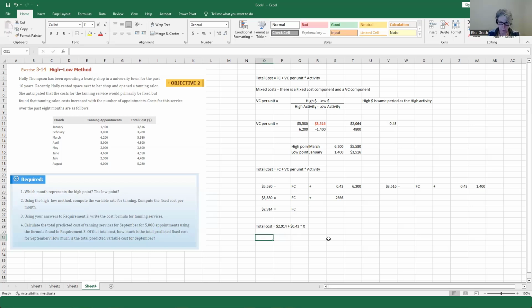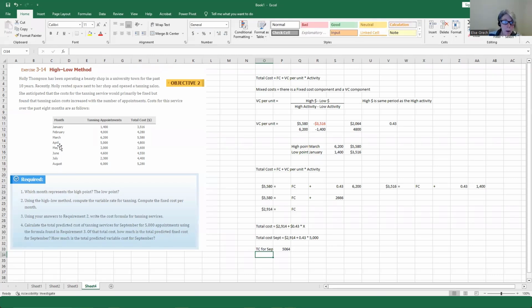Total cost for September is going to be equal to the 2,914 plus the 0.43 multiplied by 5,000. If we do that, it's 2,914 plus 0.43 multiplied by 5,000. That is equal to 5,064. So this is the total cost for September.